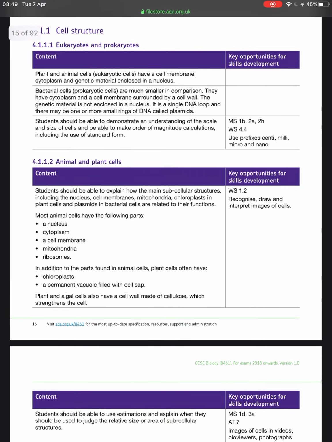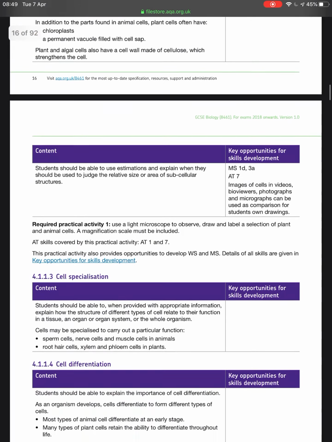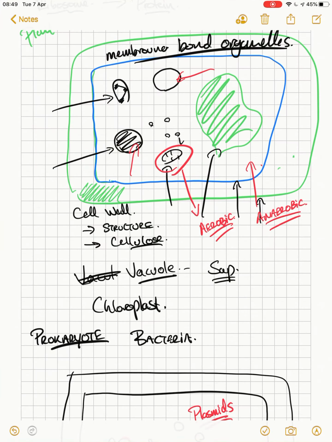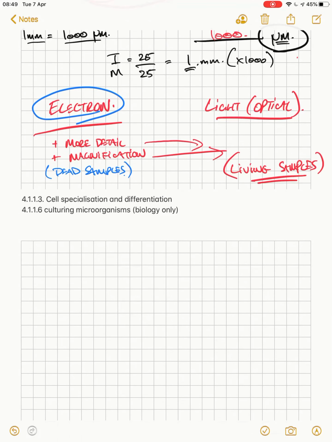Most schools up here in the Northeast are doing this specification though, so this should hopefully be relevant for most people. So if you have a look at these spec points, this is what I'm going to be covering. So maybe you could have that document up in front of you, or maybe even if you're really organised, you've got it printed out and you can tick things off as you're having a look.